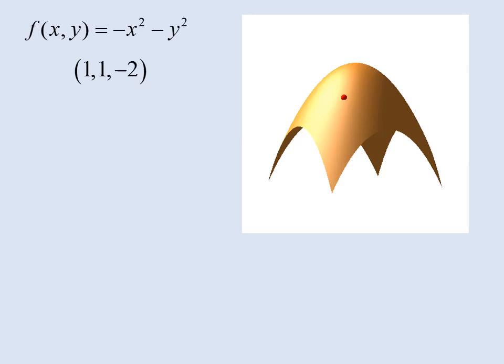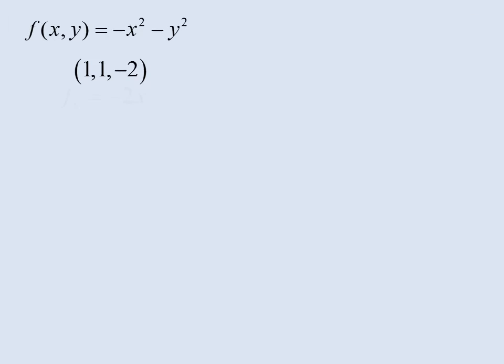Now here's the paraboloid, z equals negative x squared minus y squared, and I've located the point (1, 1, negative 2) on the paraboloid. Now the partial of f with respect to x would just be negative 2x; the y is a constant, so that derivative would be 0.